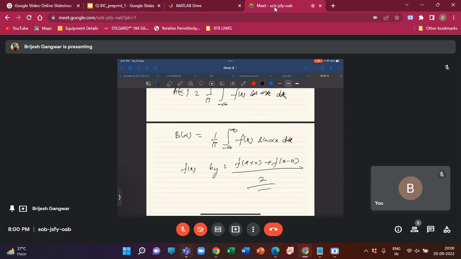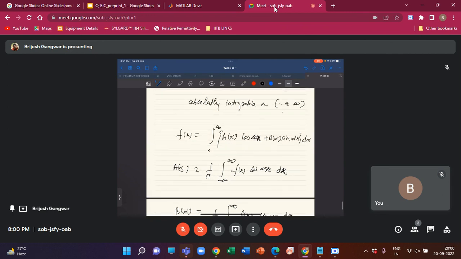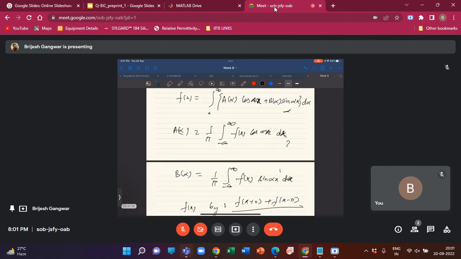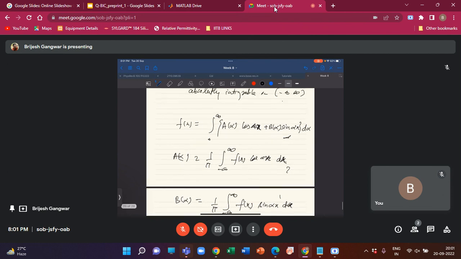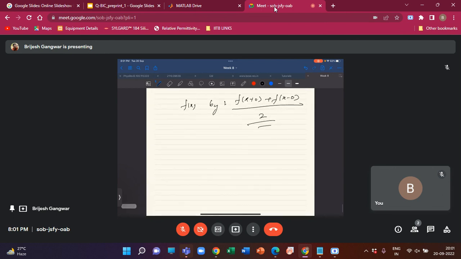The similarity of this 1 and this 2, with the corresponding results for Fourier series, is apparent. The right hand side of 1 is called the Fourier integral expansion of f(x). Some other forms of the Fourier transform integral are also there that we will discuss in the next session. So thank you for this session.